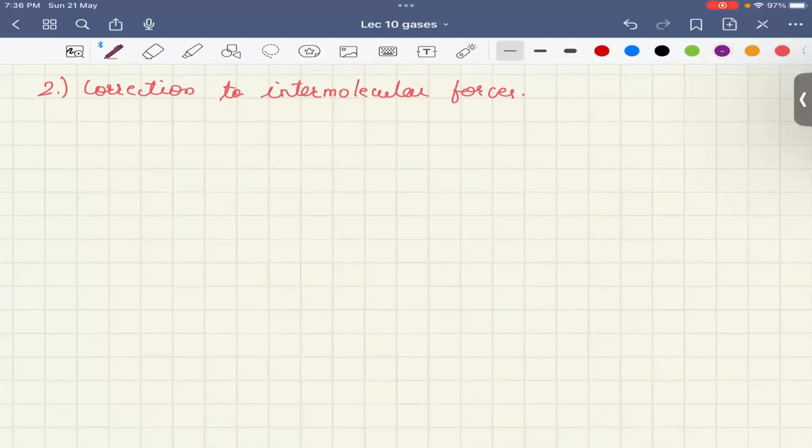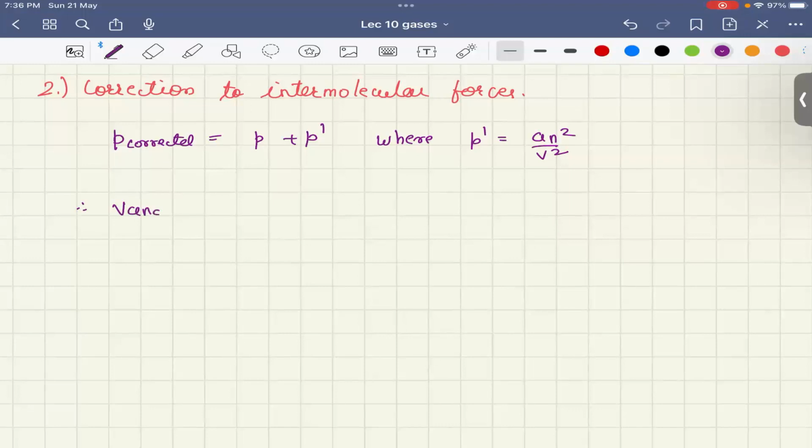So here we write P corrected is nothing but P plus P dash, where P dash is nothing but a n square by V square. Hence, the van der Waals equation of state.